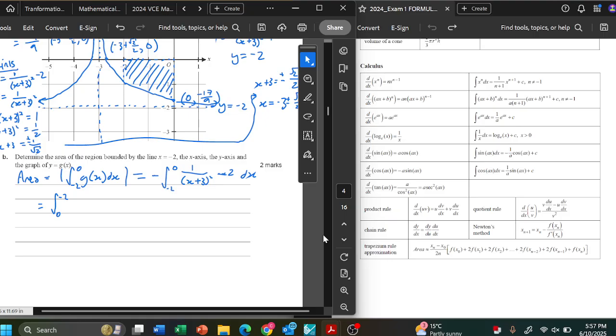Also, write this fraction here using negative powers. So that's (x plus 3) to the power of -2 minus 2 dx.